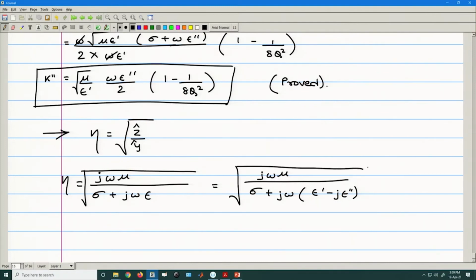Now we can again write this as j omega mu by, so sigma is 0, this will be j omega epsilon prime plus, since j square is minus 1, minus and minus becomes plus, so it will be j omega epsilon prime plus omega epsilon double prime.